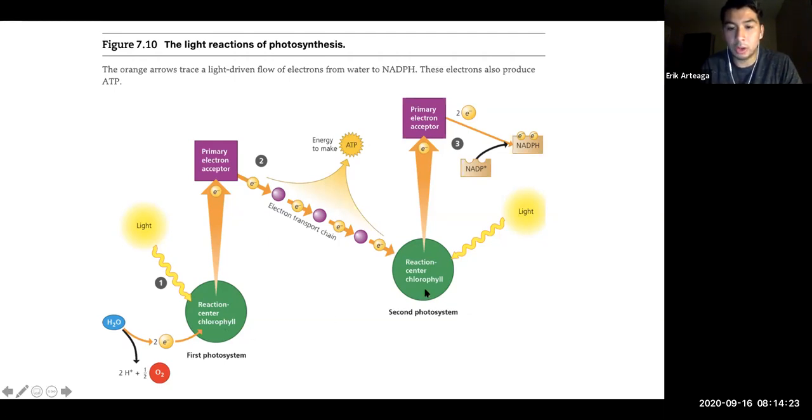There's two photosystems here that get excited by light. They get excited, so they shoot this electron up into a higher energy state. I know that's kind of hard to think, but these photosystems do have certain metal ions in the middle, I believe magnesium for both, and they vibrate when light hits the photosystem, and then the energy is transferred to those electrons, which can be passed down to this ETC, or it can be passed off onto NADP, and then convert that into NADPH, okay?